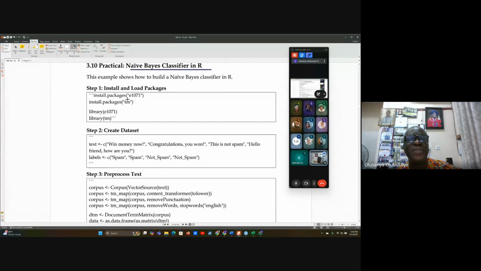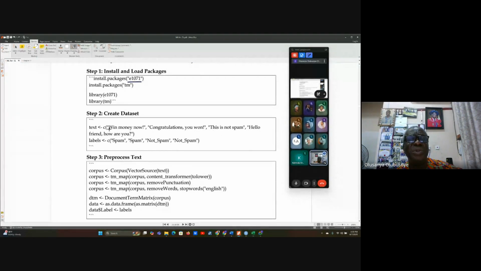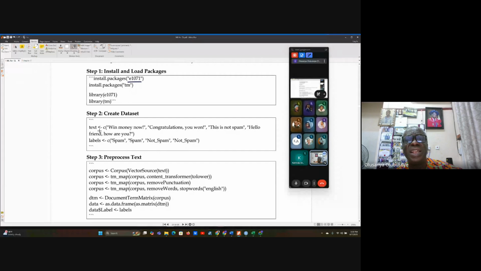First of all, you have to install the package, if you need it, but we didn't use that package in our case. We used e1071. Then you create the data set, and I created the data set. Sometimes the data set will come from a field study, a survey, or whatever experiment you are conducting. The data will have the features and the labels.